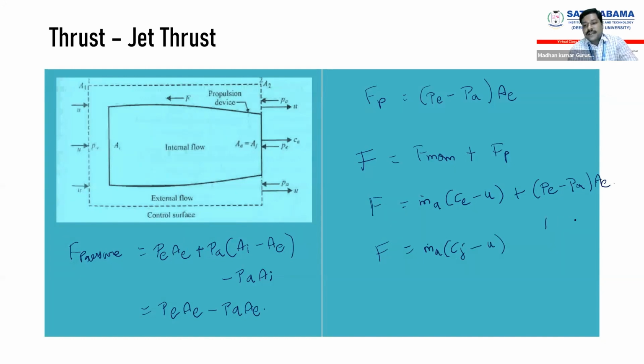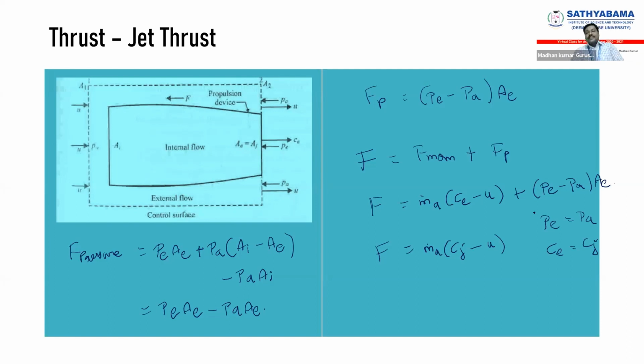As I have already told you, when PE is equal to PA, the nozzle is fully expanded and the exit pressure matches the ambient pressure. Then the pressure thrust becomes zero, only momentum thrust remains, and the exit velocity is the effective jet velocity.